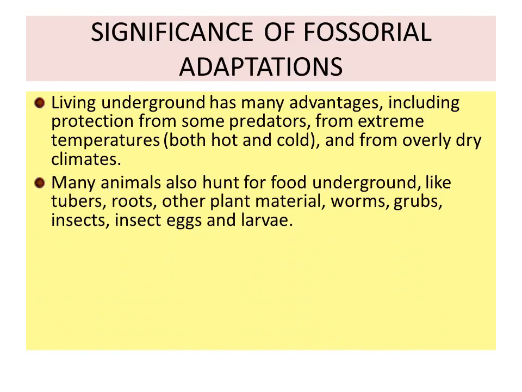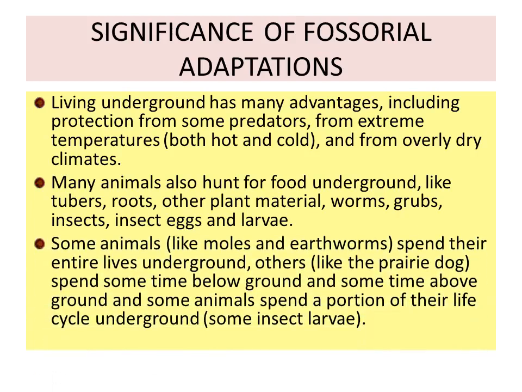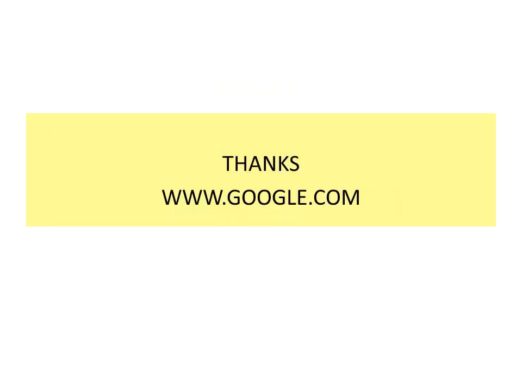Many animals also hunt for food underground, like tubers, roots, other plant material, worms, grubs, insects, insect eggs, as well as larvae. Some animals like moles and earthworms spend their entire life underground. Others like prairie dogs spend some time below ground and some above ground. Whereas some animals spend a portion of their life cycle underground, for example, insect larvae.